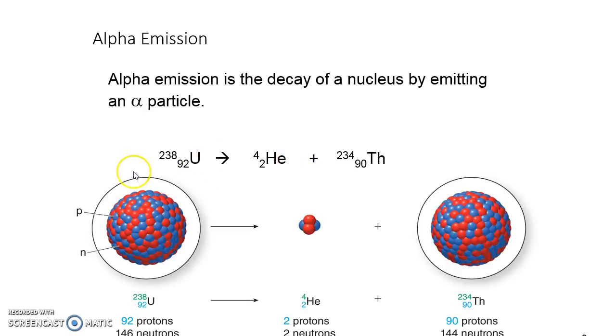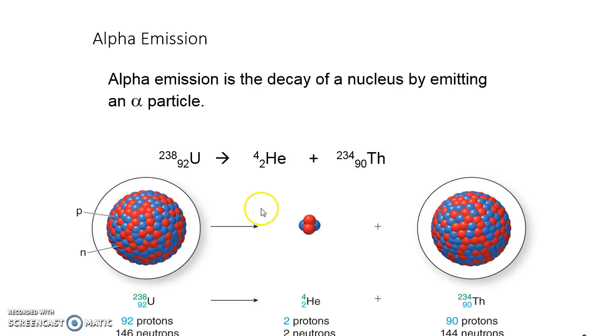Here's an example. Uranium-238 will undergo alpha emission. So what do we have ahead of time? We've got just a uranium-238 sitting there. Time elapses, and then suddenly out comes an alpha particle. That alpha particle coming out changes the nucleus, so now it's thorium-234.